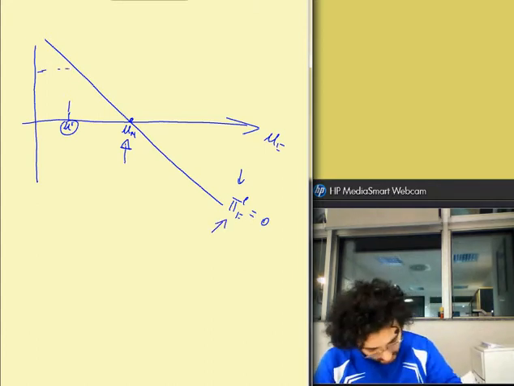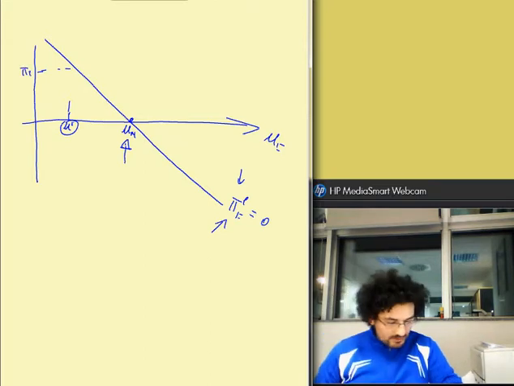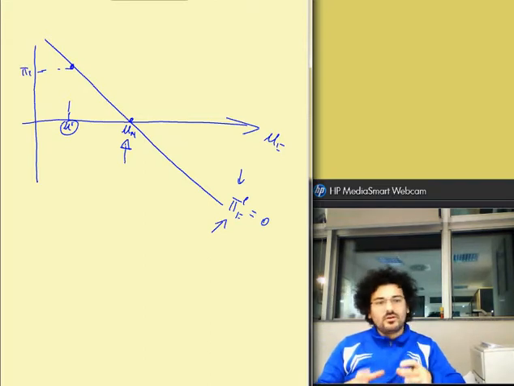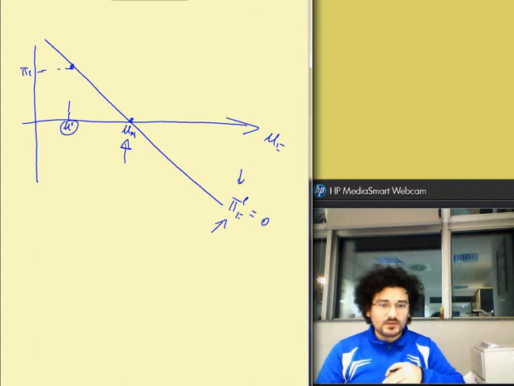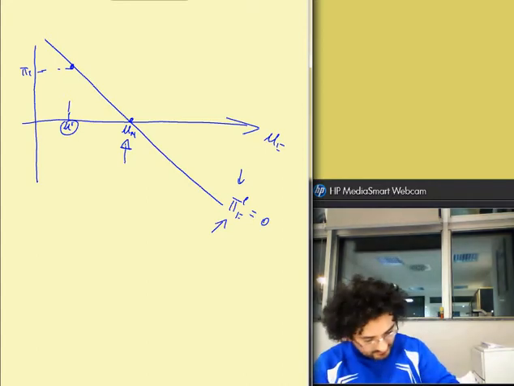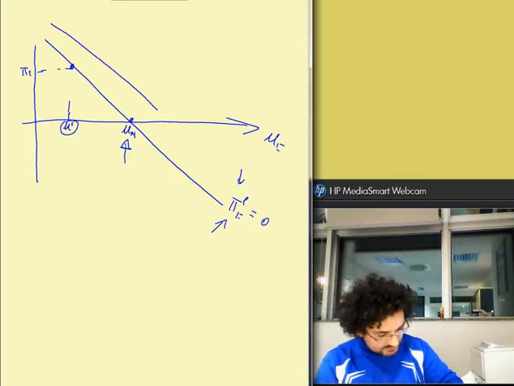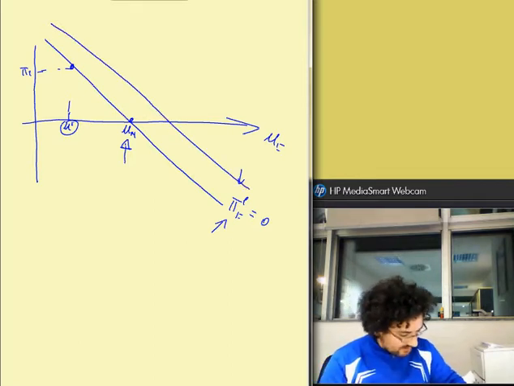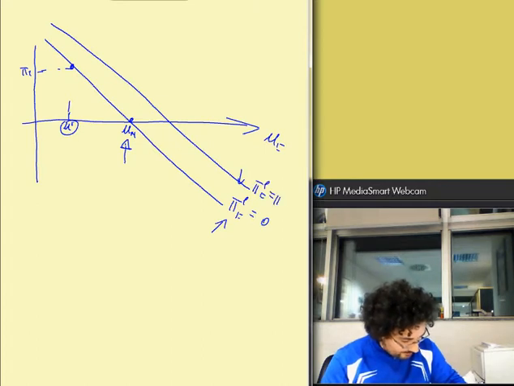If the level of inflation rate doesn't change, also the expectation of inflation rate grows, and the Phillips curve goes up with a new level of expectation equal to pi 1.